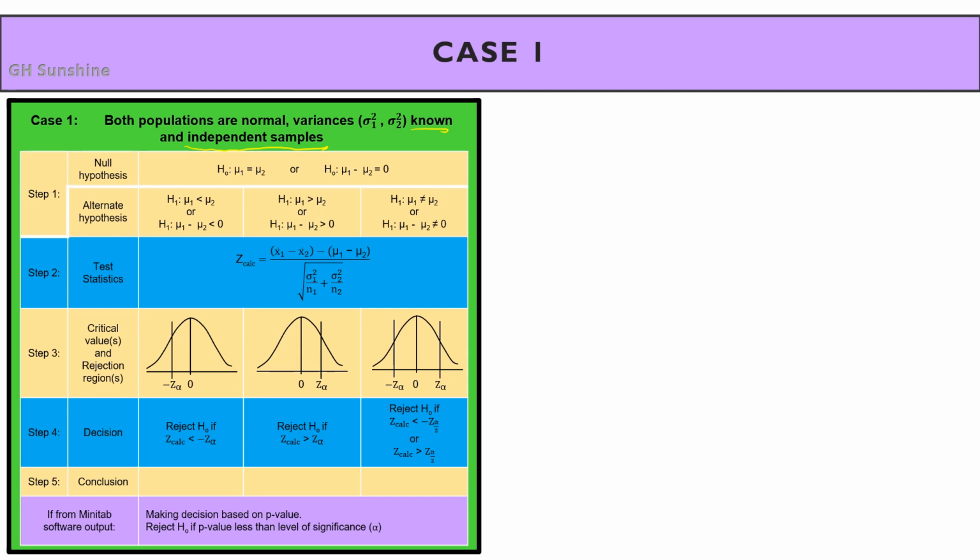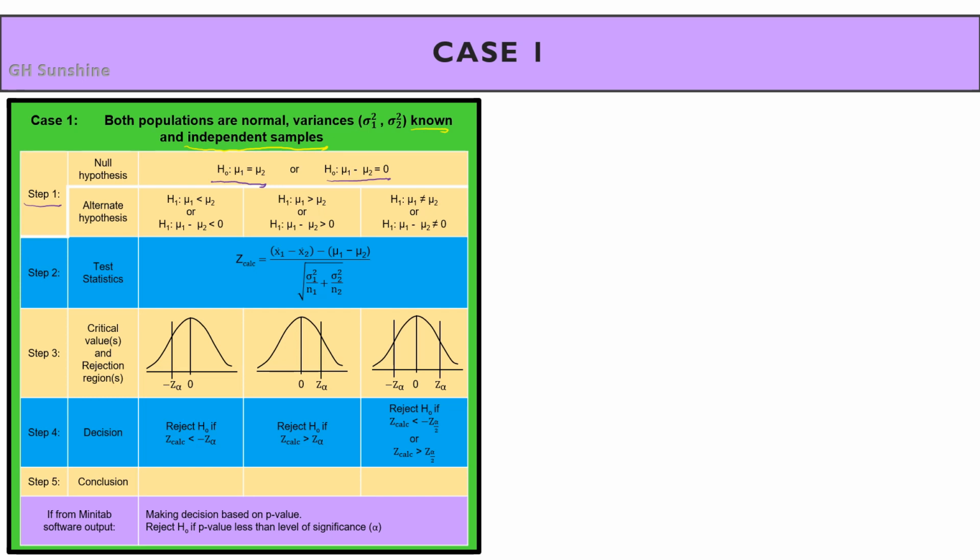The first step is, as usual, to set up H0 and H1. When you compare two population means, H0 is mu1 equal to mu2, or you can write it as mu1 minus mu2 equal to 0.